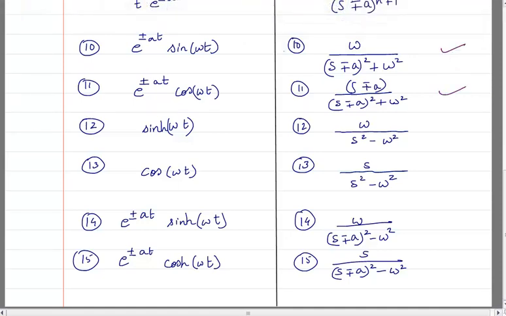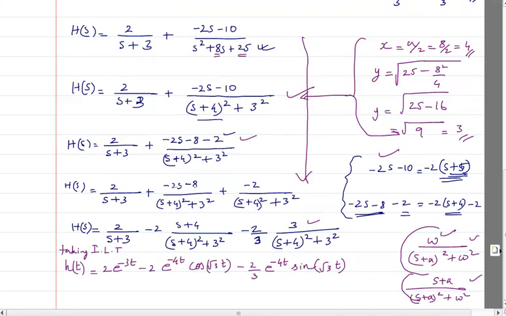So this is what I used for the inverse calculation, and that is the reason why in today's lecture I took these problems, because I wanted to mainly teach you how to write it in this form. Otherwise it's very difficult to get the inverse Laplace transform. This is the easiest method.